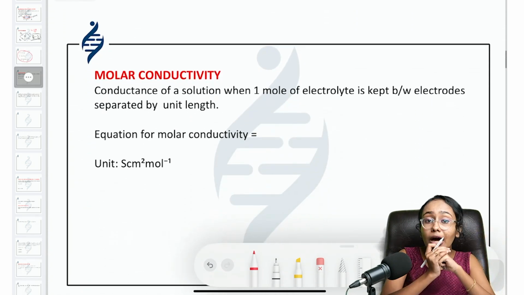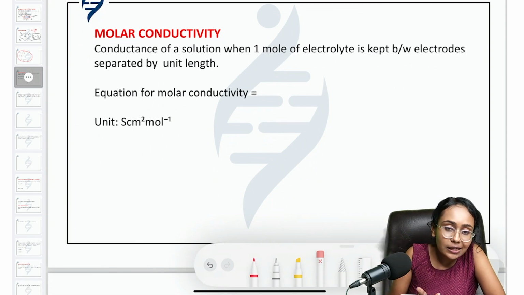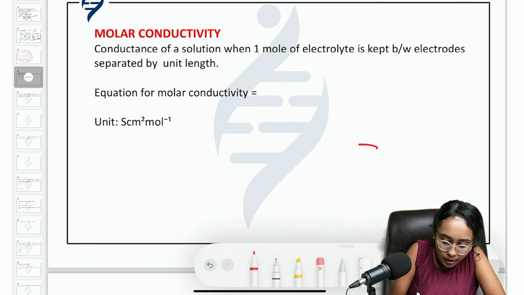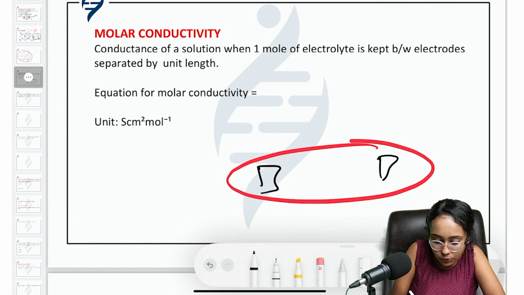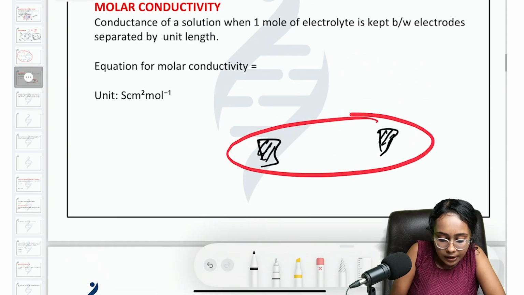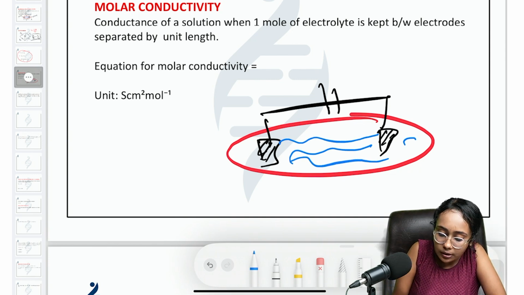Now coming to molar conductivity. What is molar conductivity? In the previous experiment of the conductivity cell, I've taken a glass rod and used 2 electrodes, connected with a connection wire. I filled an ionic solution.